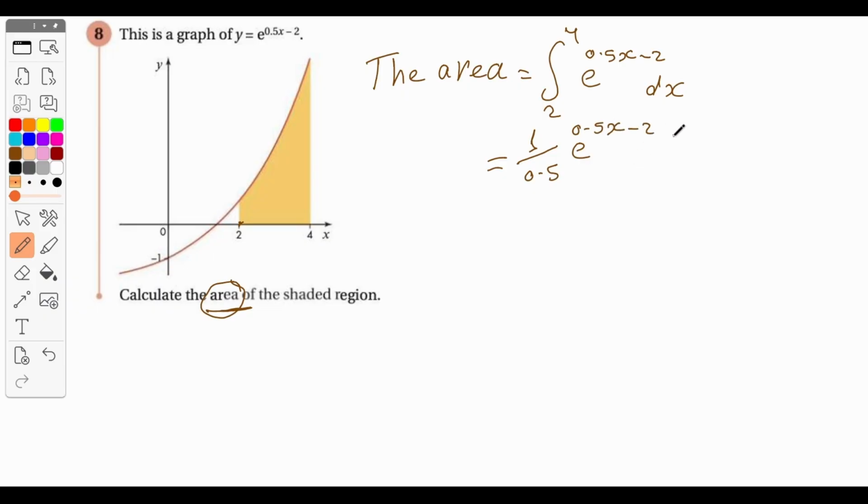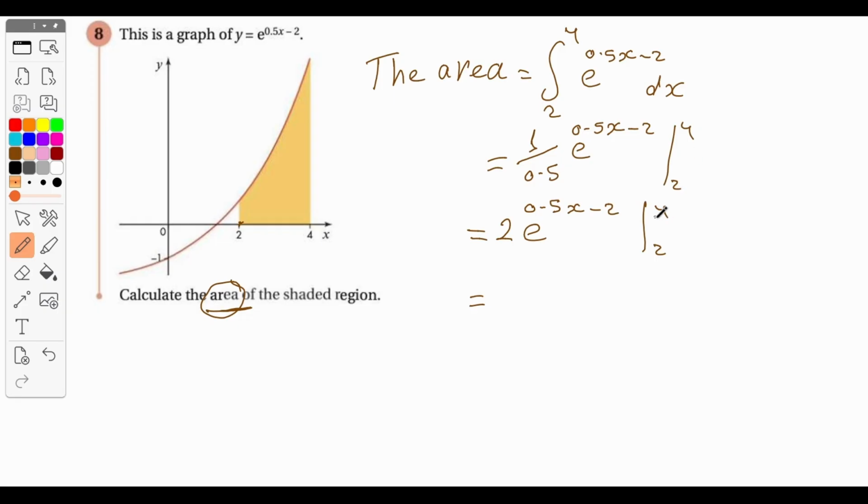And because this is a limited integration from 2 to 4, 1 over 0.5 will be 2. So this is 2 e to the power of 0.5x minus 2, from 2 to 4. There is no plus c here because this is a limited integral from 2 to 4.